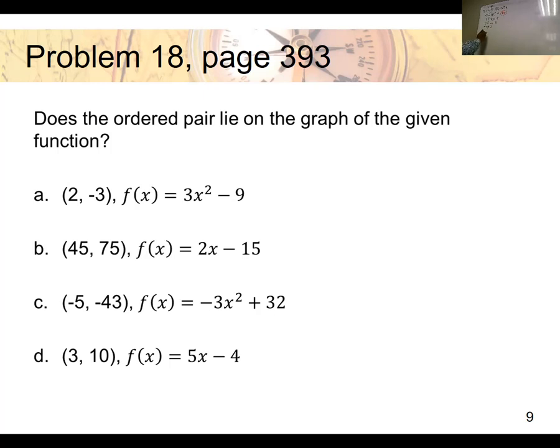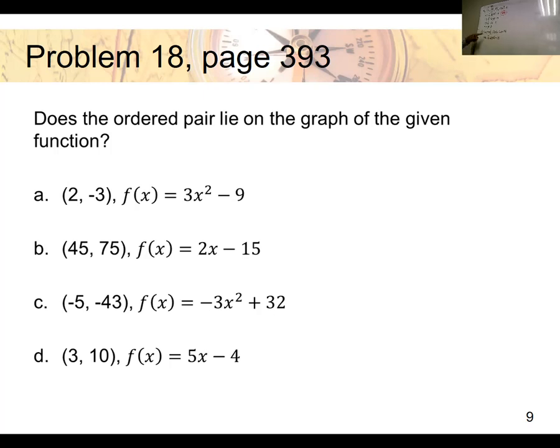Now part B has the ordered pair 45, 75, and the function here, f of x, is equal to 2x minus 15. So in this case here, my x is 45, f of x is 75. So I'm going to substitute f of x with 75. And I want to know if that's equal to 2 times my x, which is 45, minus 15.